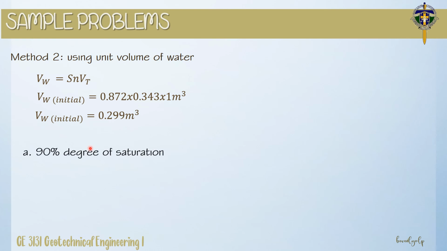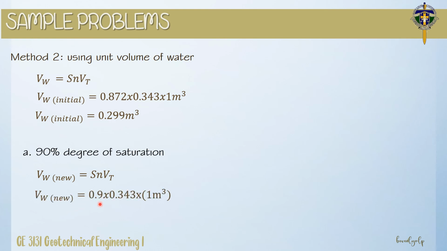This time, we are now considering the 90% degree of saturation. The volume of water, let's denote that as Vw new, since the earlier one is the initial. The new volume of water is equal to the same equation, degree of saturation multiplied by porosity multiplied by volume, but this time our degree of saturation is 90%.